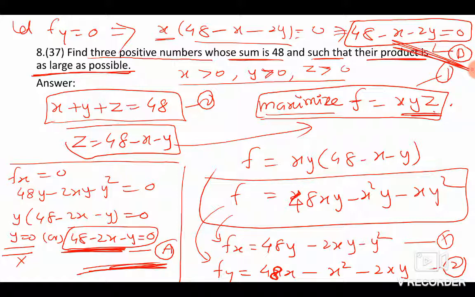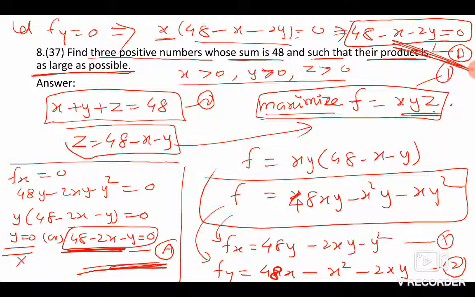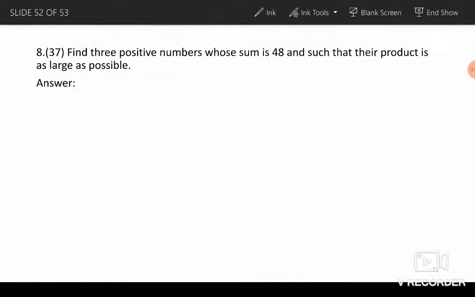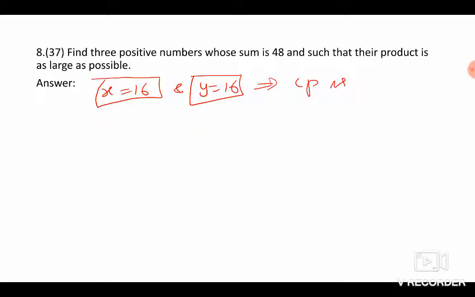When you solve equations A and B, you will find x is equal to 16 and y is equal to 16. And this is the only critical point. Therefore, the critical point is 16 comma 16.